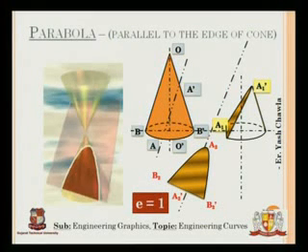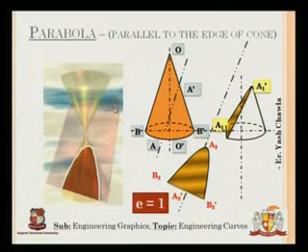I want to repeat this for students who are watching this for the first time, to make clear how a parabola is formed. This is basically a topic of conics. Why is a parabola part of conics? This is a cone, and here a 3D image has been shown in which the yellow part is the cone.